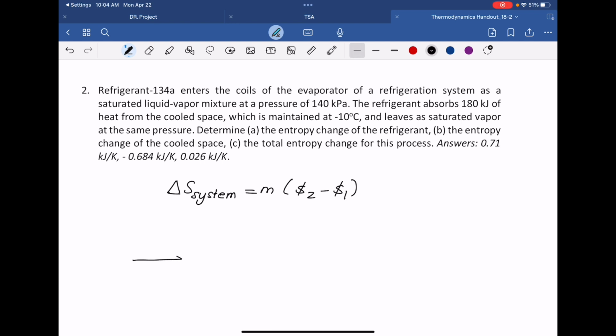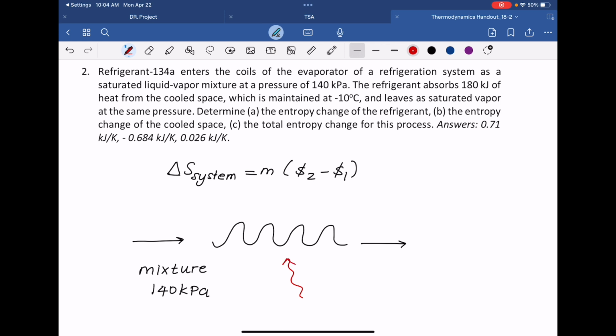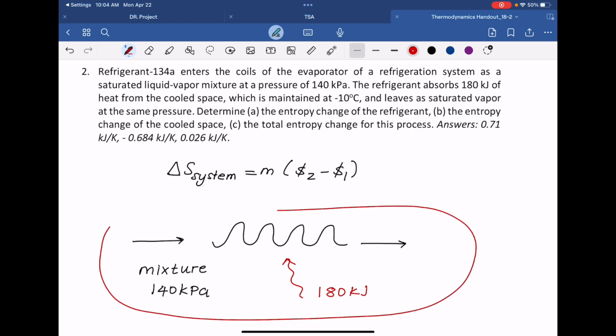So there is an open system, the evaporator, right? Refrigerant gets in as a mixture at 140 kilopascal, it absorbs heat from the cooled space. Okay, and the surrounding is the cooled space, right?